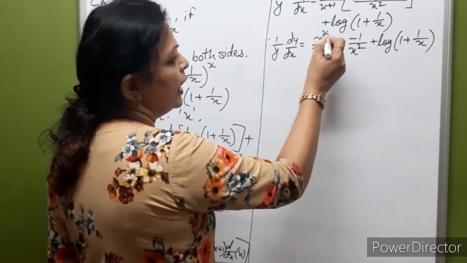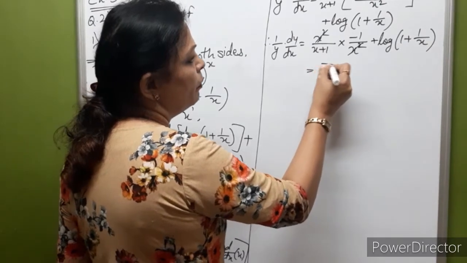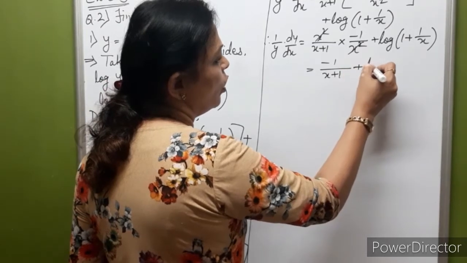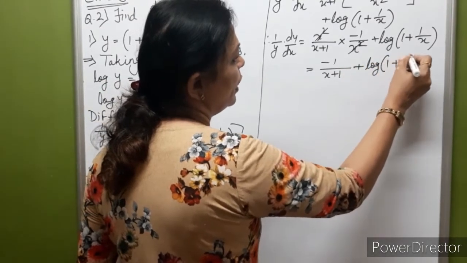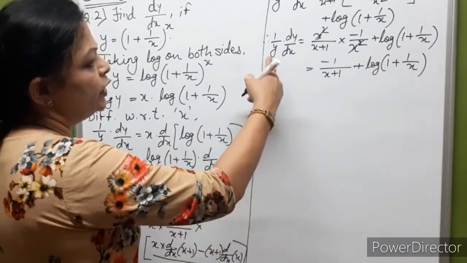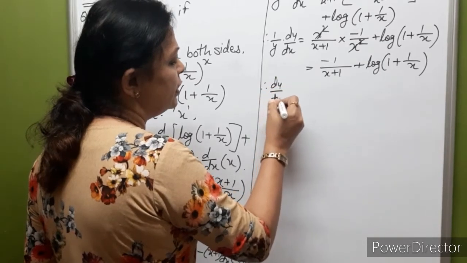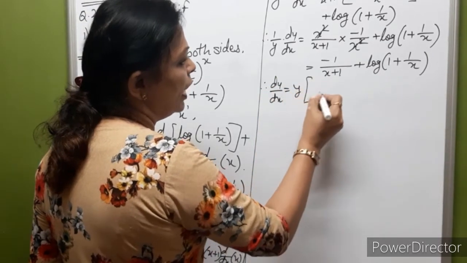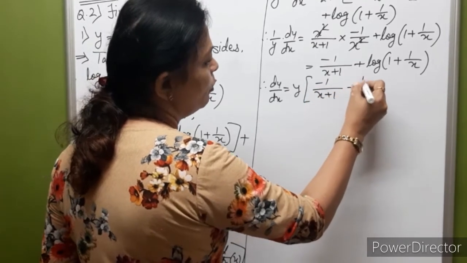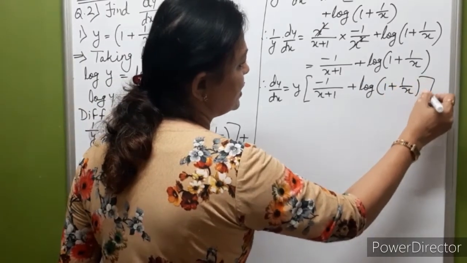Now again this x square will get cancelled and you will get here minus 1 upon (x plus 1) plus log of (1 plus 1 upon x). Correct? Now take this y on the other side. So you get dy by dx is equal to y into [minus 1 upon (x plus 1) plus log of (1 plus 1 upon x)].